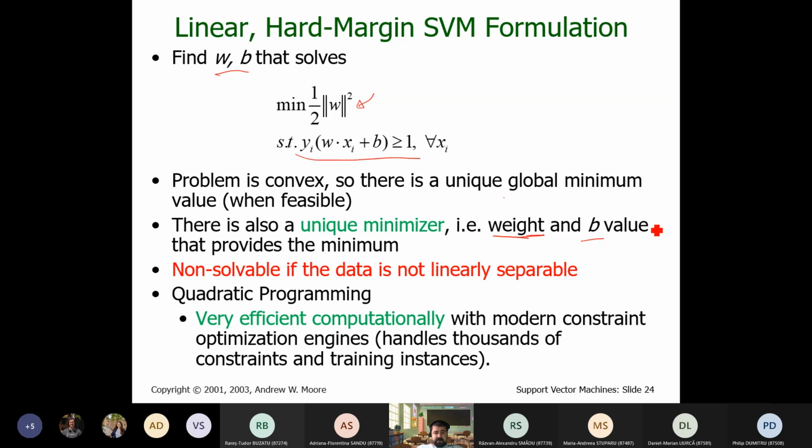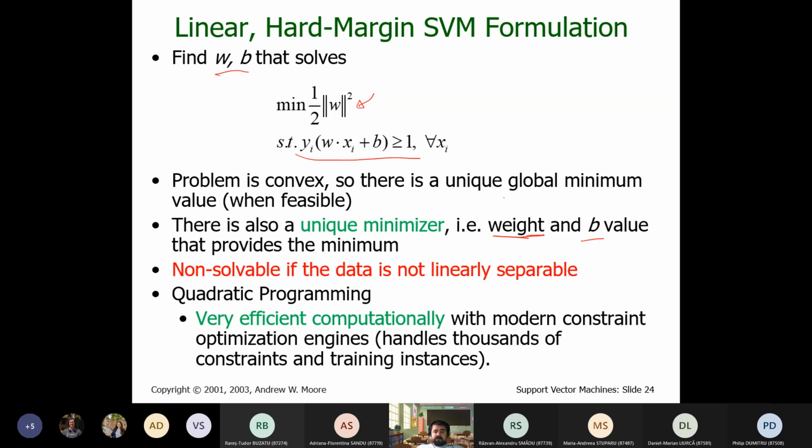These values together will take you to the minimum value of the loss and will help us build a solution of the SVM. However, if the data is not linearly separable, this is not solvable. So quadratic programming will not return anything if the data is not linearly separable. And this quadratic programming is very efficient computationally.